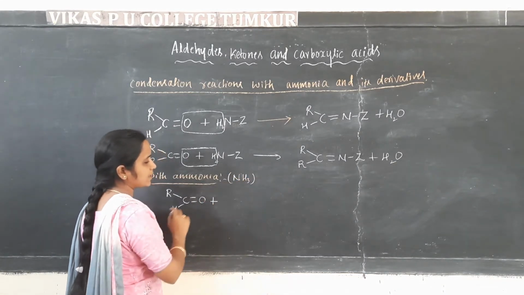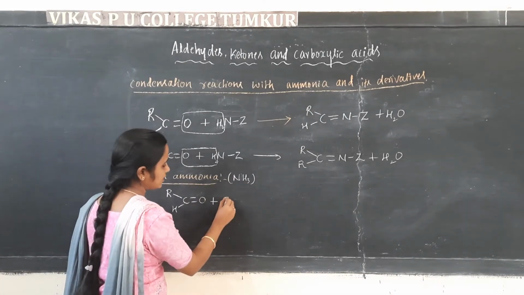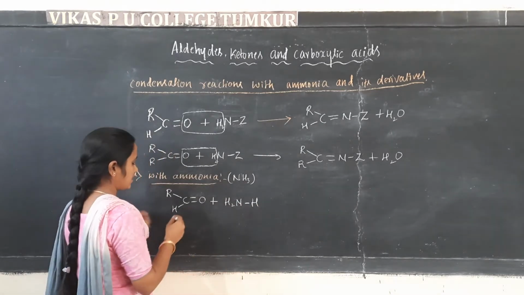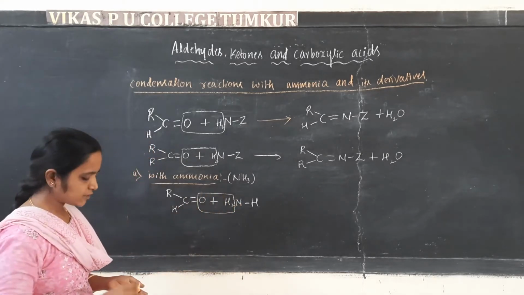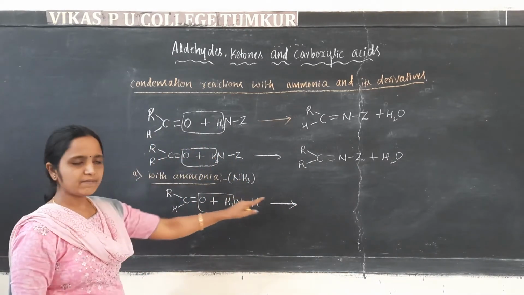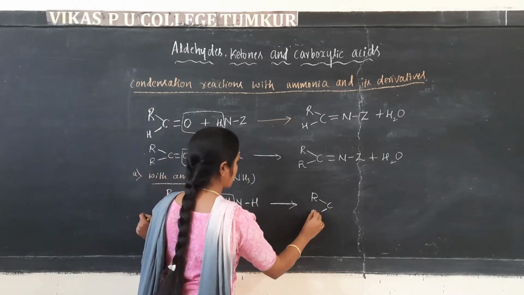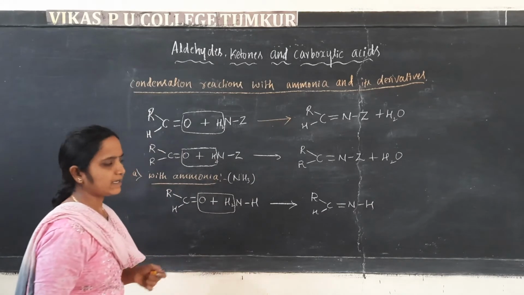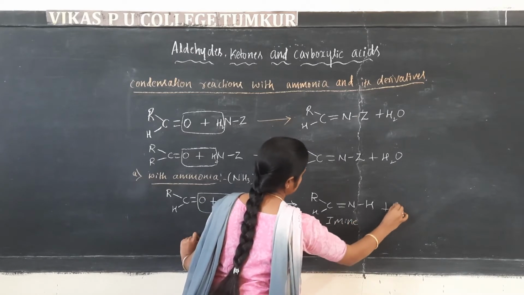Here instead of Z we write H, so we get H2N H. With removal of water, the respective imine is formed: R C H double bond N H, plus H2O.